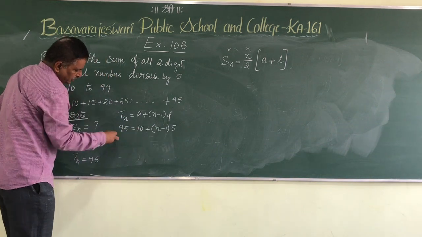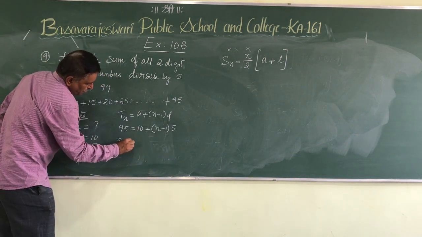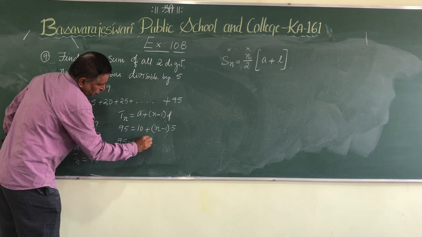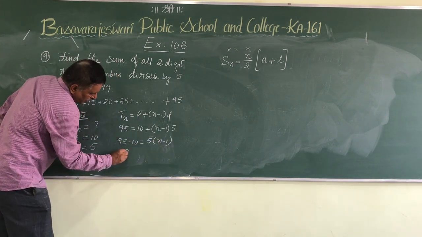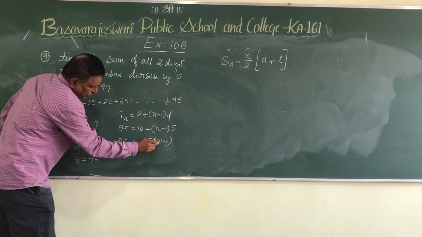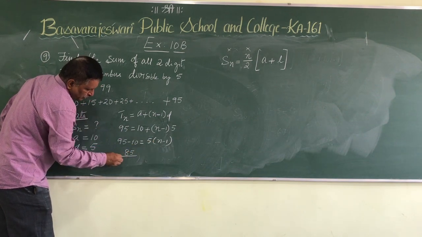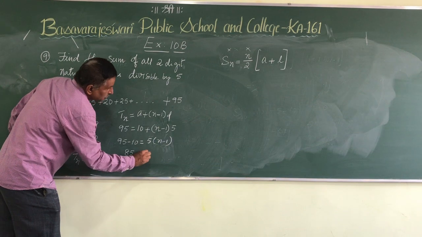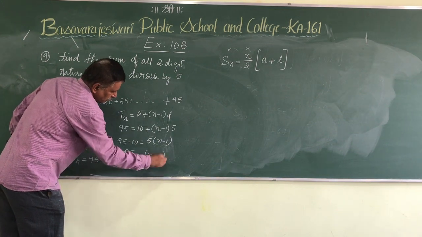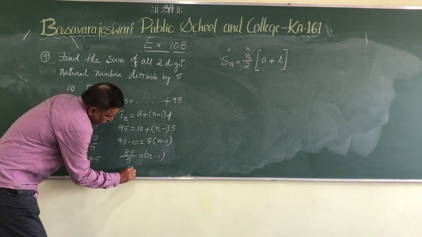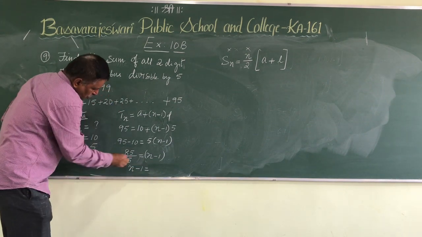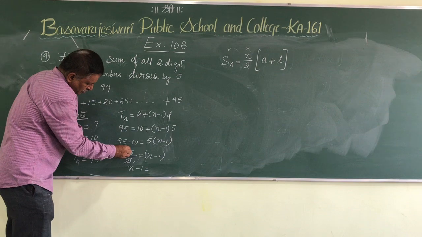So bring 10 this side: 95 minus 10, which is equal to 5 times (n minus 1). So this will become 85. Since 5 is multiplied with (n minus 1), if I bring it this side, it will become divide, which is equal to n minus 1.